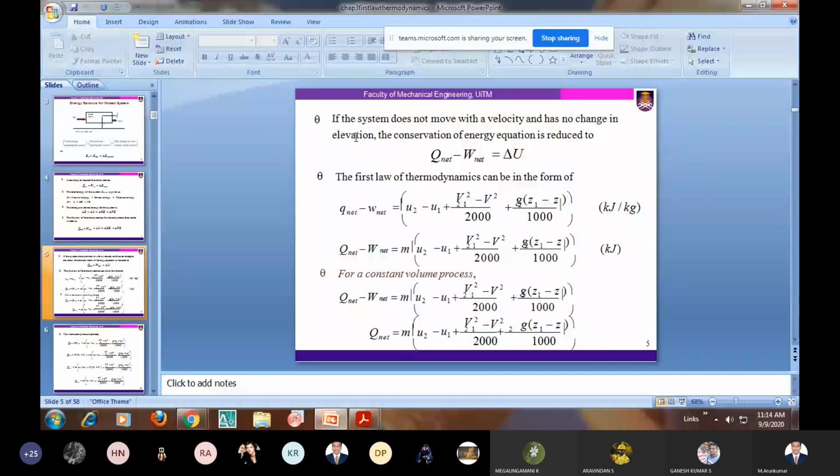So we can neglect the kinetic energy and potential energy, and we have only Q minus W equal to the change in internal energy.